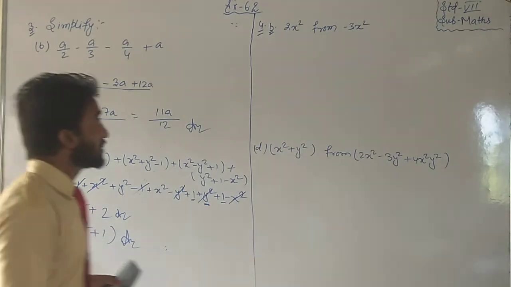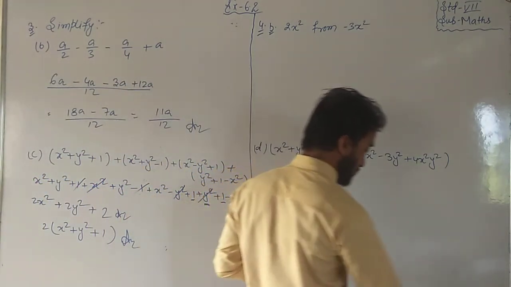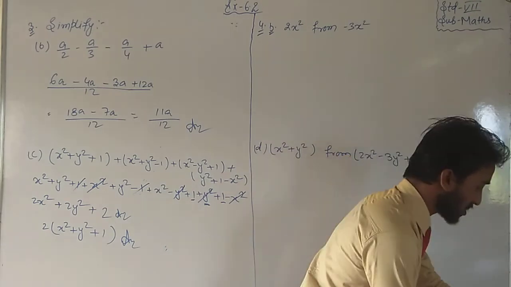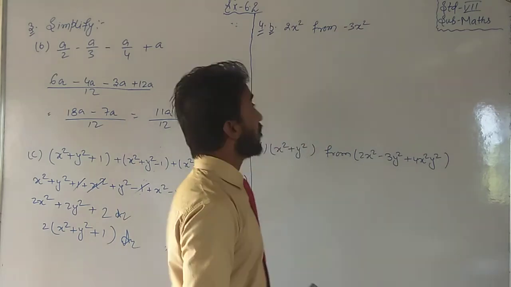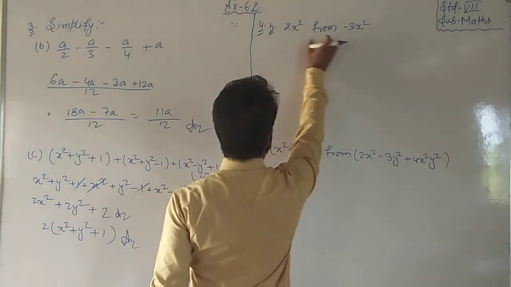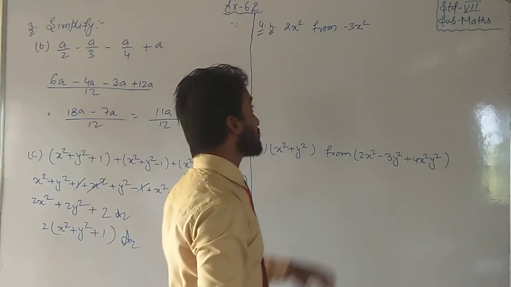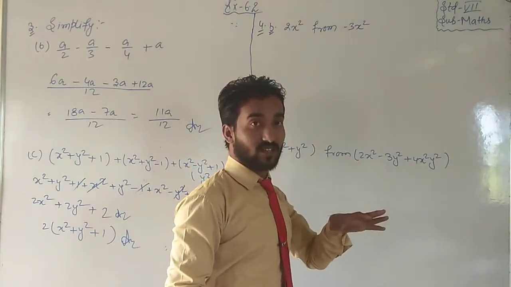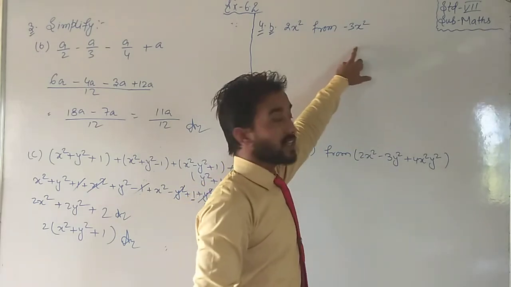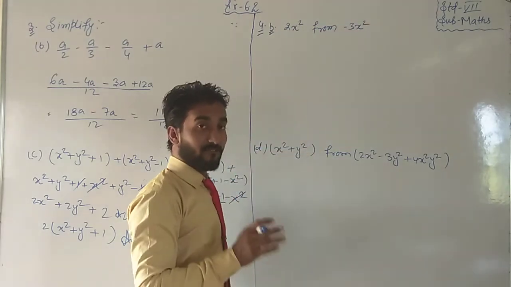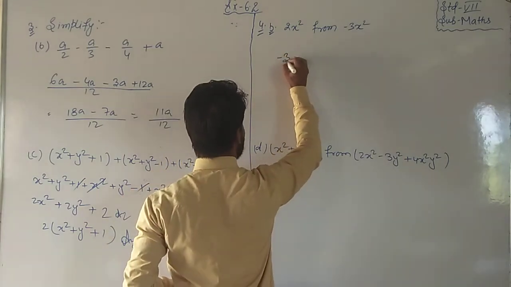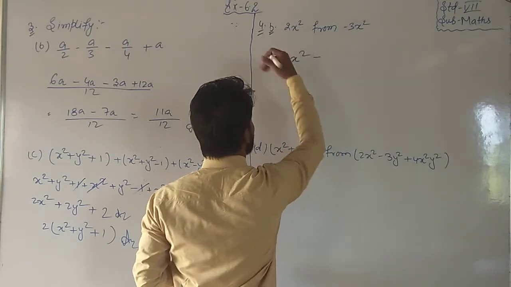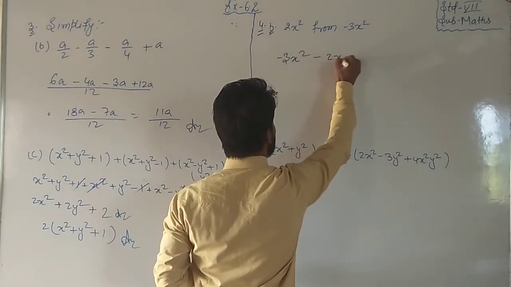Okay students, question number 4. Subtract. Students, now you have to subtract 2x square from minus 3x square. Be careful. Especially in subtraction, what is given in 'from' will be written first. Minus 3x square, subtract 2x square.